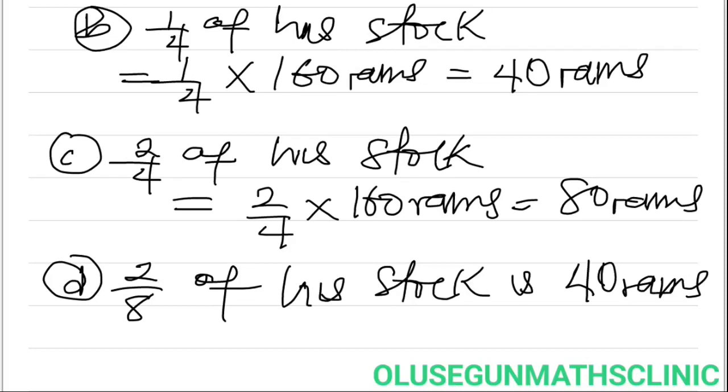When you say 2 over 4, it is the same thing as 1 over 2. So it depends on the way you reason it out, and you just have to be careful about getting the values of the answer.